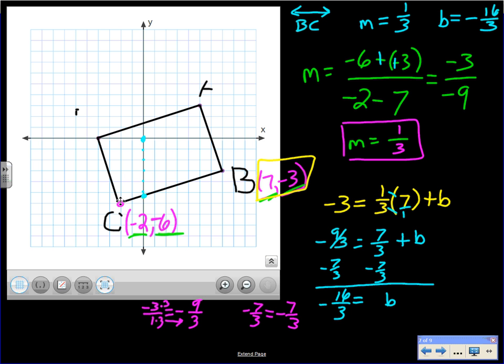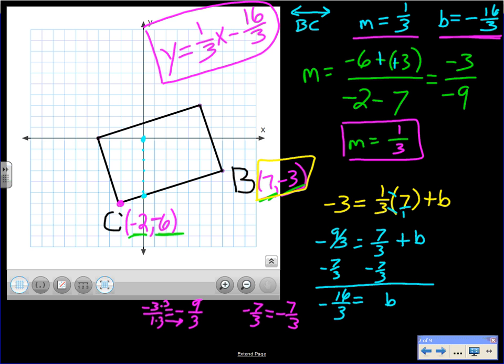So our equation that we're going to be writing for BC: y is equal to 1/3 is your slope, and -16/3 is your y-intercept. Y equals 1/3 x minus 16/3.